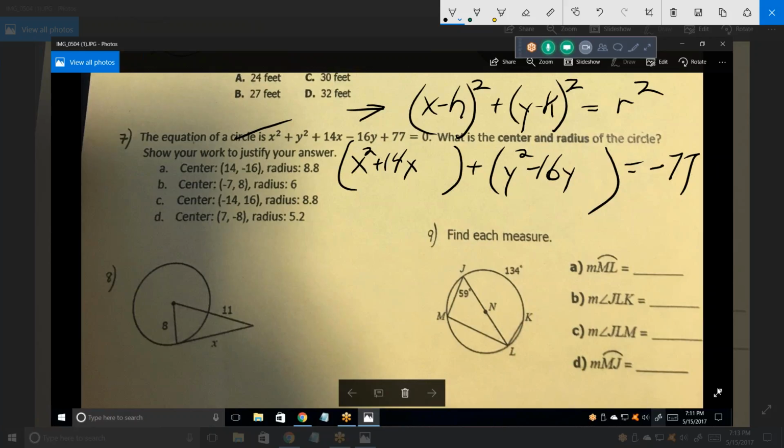Well, what's half of 14? 7. 7 squared is 49. I just added 49 to the left side of the equation. I have to add 49 to the right to balance it. Now it's exactly the same. It's starting to come back a little bit. Okay. Complete the square in the y term.